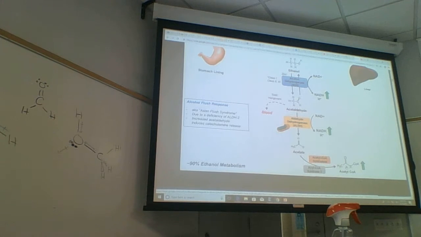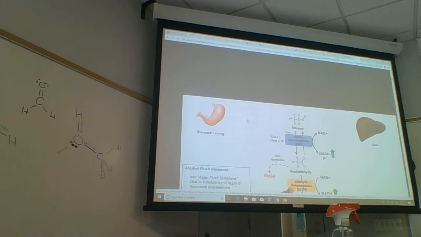The acetyl-CoA goes into your regular metabolism. And so ethanol has calories. This is the beer belly type thing, where you get a lot of calories from drinking alcohol.